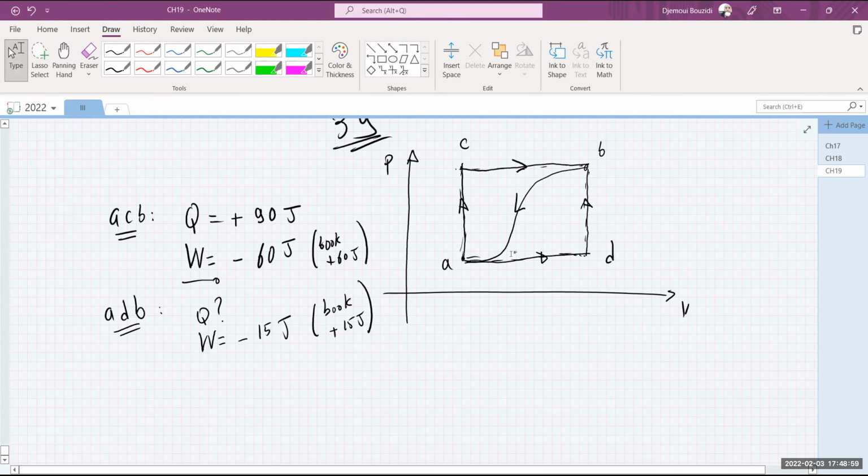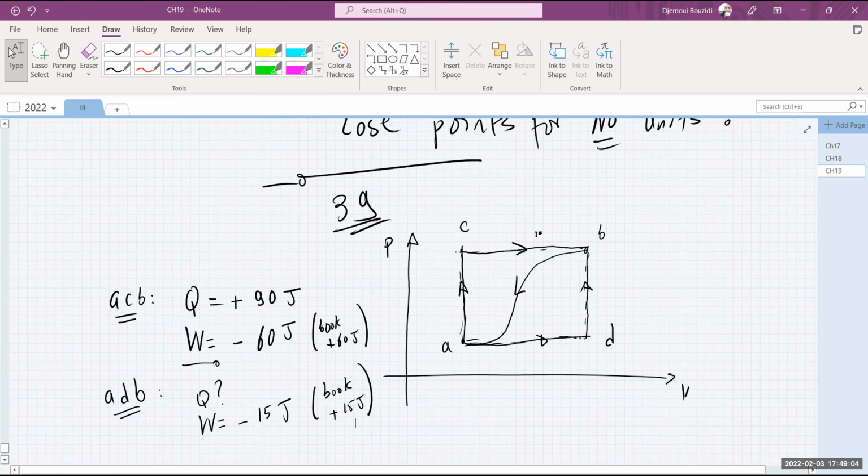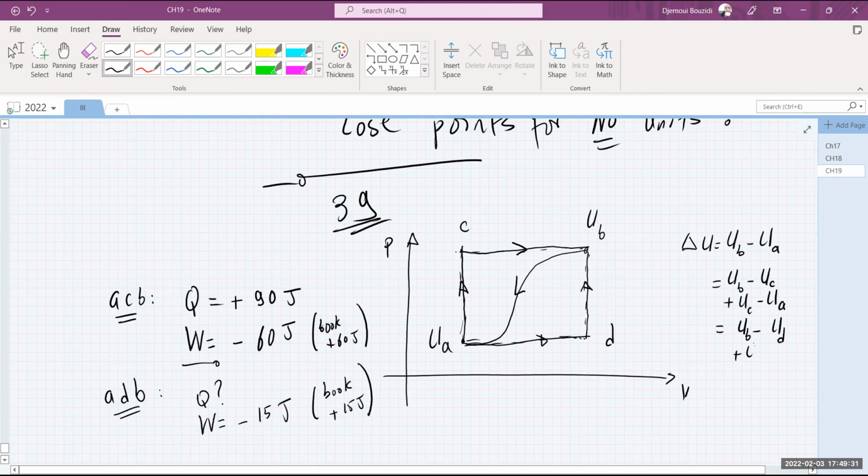Well, the change in energy is the same, regardless of which way you go, because the energy is a state variable. There is an energy associated with the point A, and an energy associated with the point B, and delta U, which is UB minus UA, doesn't matter how you get to it, whether you say UB minus UC plus UC minus UA, or UB minus UD plus UD minus UA. It's the same thing.